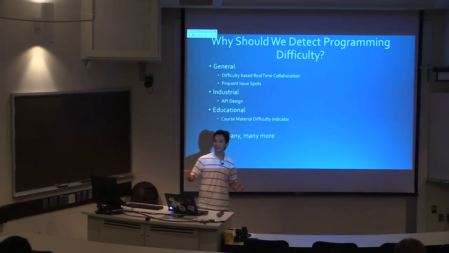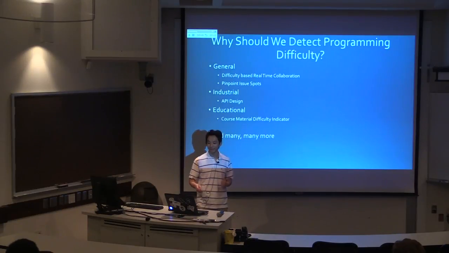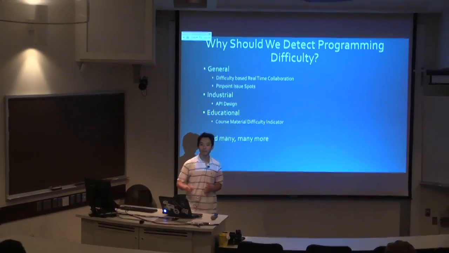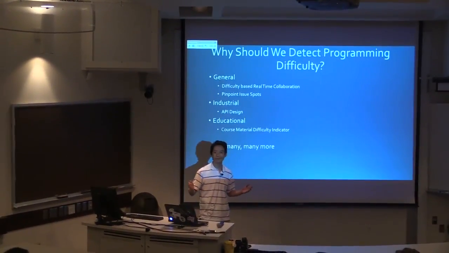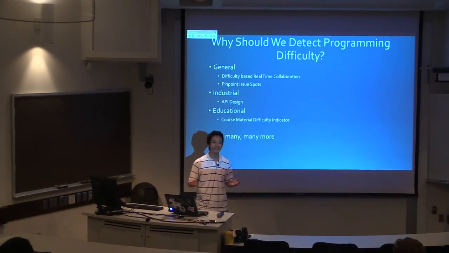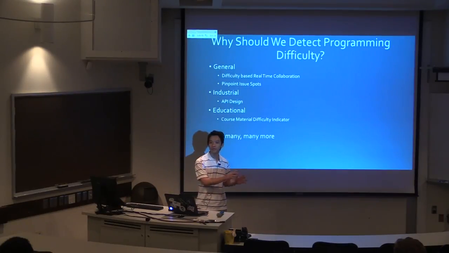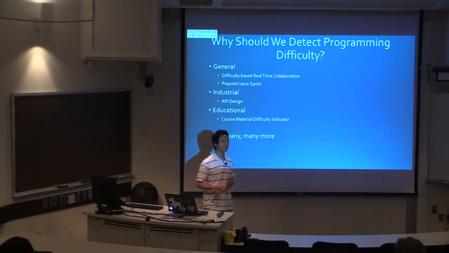And then educational: I know there's a lot of TAs and professors here, but if the students are encountering a lot of difficulty in a particular assignment or section of assignments, it's pretty much hinting at maybe the difficulty of the material, and vice versa. So I know we're all very proud people, and normally a lot of programmers don't like to ask for help until it's very late, and they've tried everything they could. So it's possible to adjust the threshold so that it doesn't immediately notify everybody on your friend list that you're having trouble.